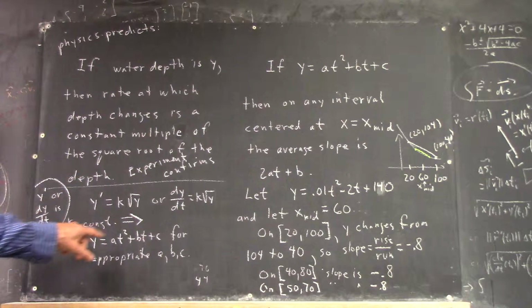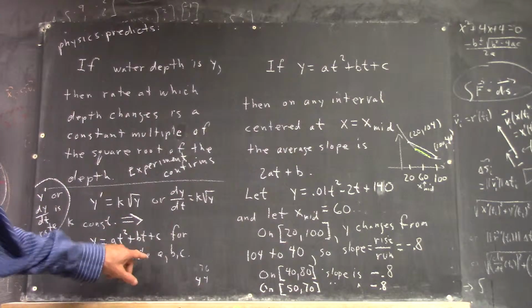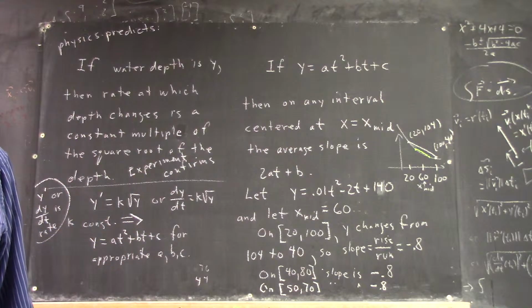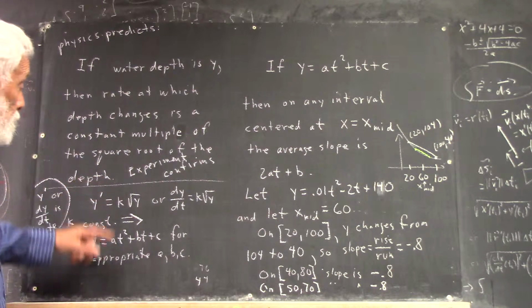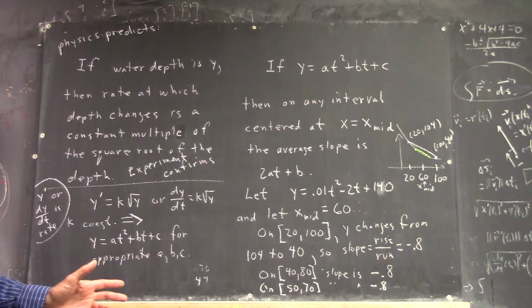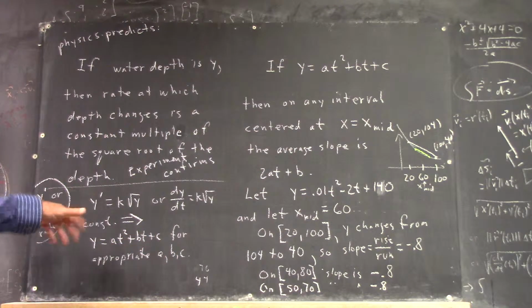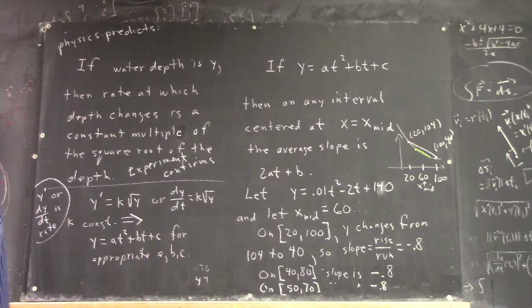And if this is true, it follows that y has to be a quadratic function of t. And this is easy to prove. If you know one semester of calculus, I could run you through it. If you know 2 semesters, it becomes a pretty straightforward problem, especially if your course includes a short introduction to differential equations.